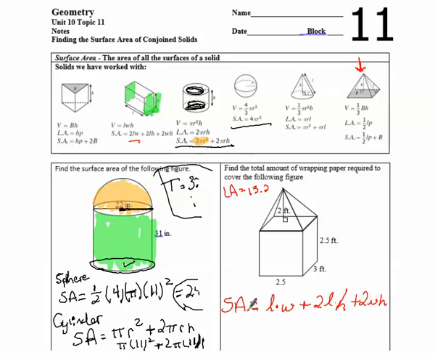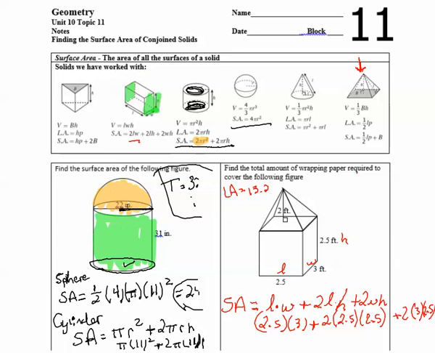All right, let's just fill it in. Length times width, that is 2.5 and 3. I can just say this is length, this is width, this is height, just to be clear. 2 length times height plus 2 width times height.